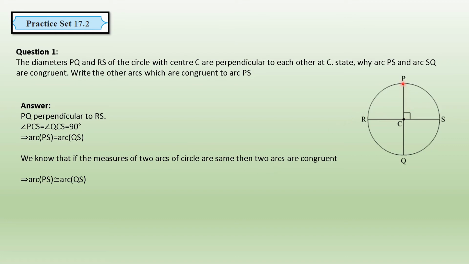Similarly, angle PCR will be 90 degrees, also angle RCQ will be 90 degrees. So arc RP and arc RQ, both of them will be congruent to arc PS. So we can conclude similarly arc PS is congruent to arc PR and that is congruent to arc RQ because all of them measure the central angle to be 90 degrees and their corresponding arcs will be congruent.